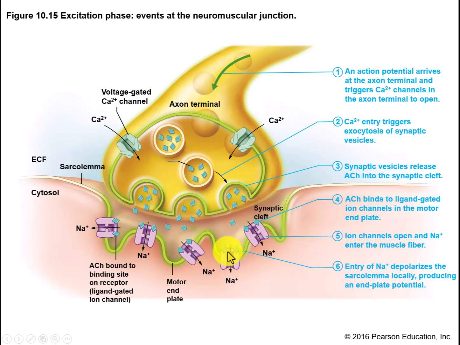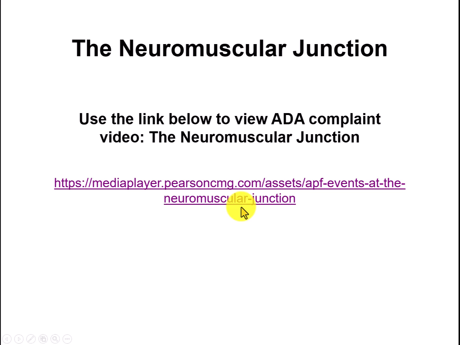This is a local depolarization producing what we refer to as an end plate potential. So these are the 6 steps for excitation in our neuromuscular junction. So this is step 1 of muscle contraction, the excitation phase, which consists of 6 steps for it to occur.